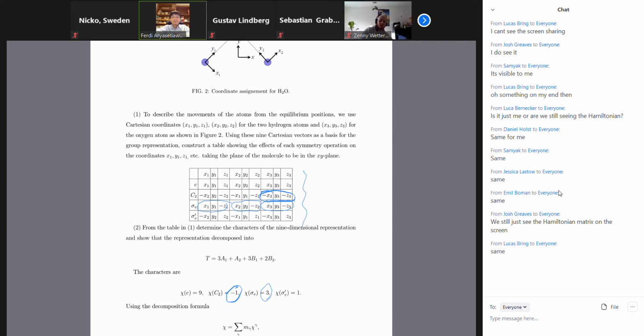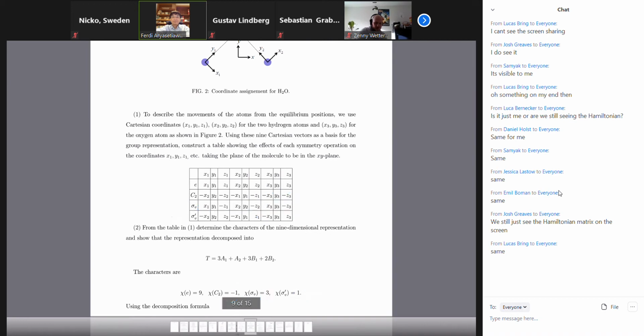And also for the reflection on the plane bisecting the hydrogen atoms, in between the 2 hydrogen atoms, if we look at this table, we see that some are brought to themselves. That gives me 1, because it's minus 1, 1, and 1. So that's quite clear and similar to what we had before.